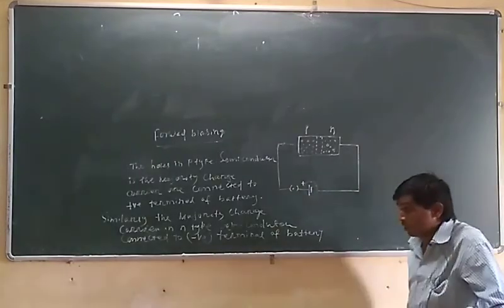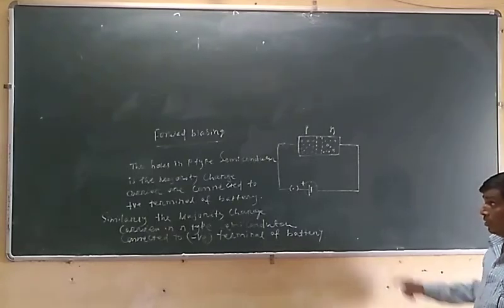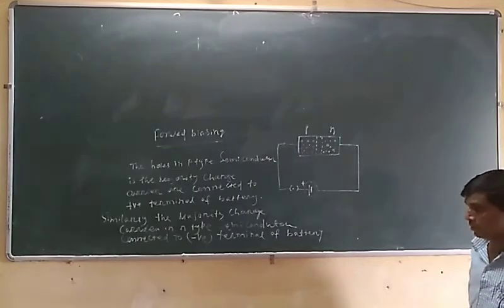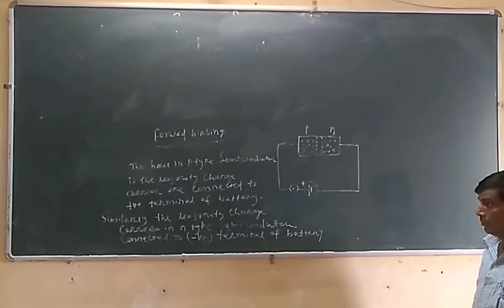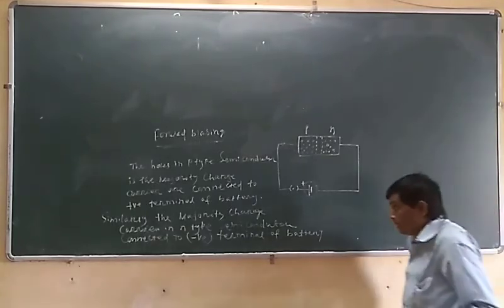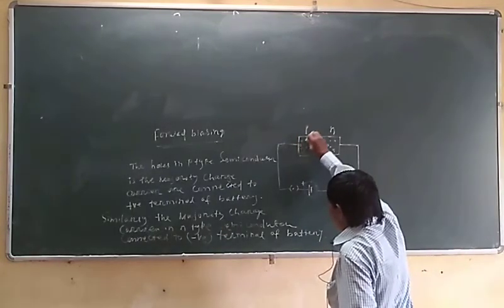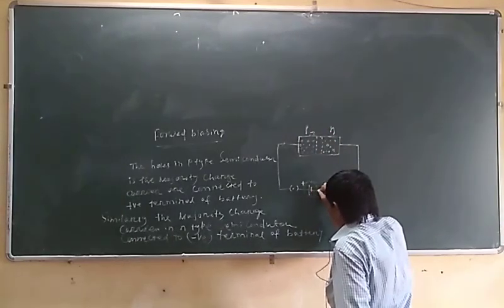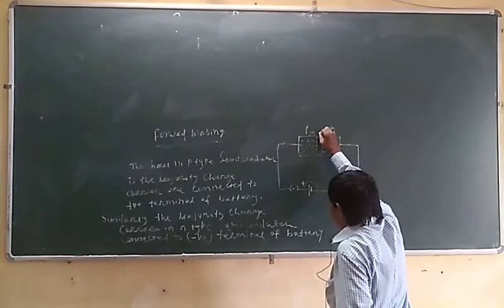Suppose we connected this way, the negative is connected to N and the positive of the battery terminal is connected to P. Then the positive battery terminal pulls these holes towards the junction, and the negative battery terminal pulls the electrons towards the junction.